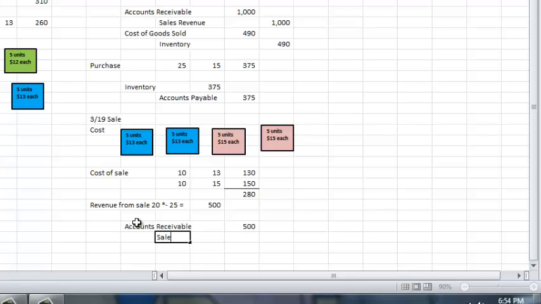Credit sales revenue for $500. Then we're going to debit cost of goods sold for the $280. And credit our inventory for $280. Inventory, not inventory T.